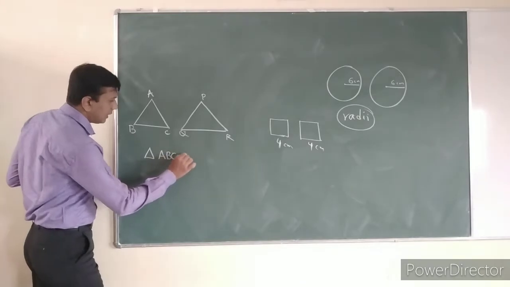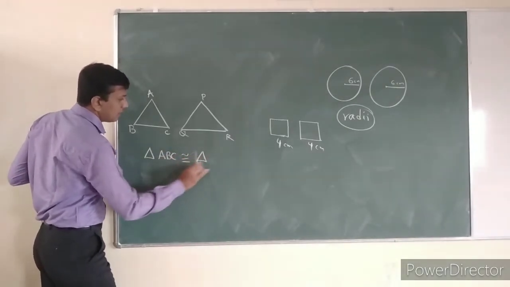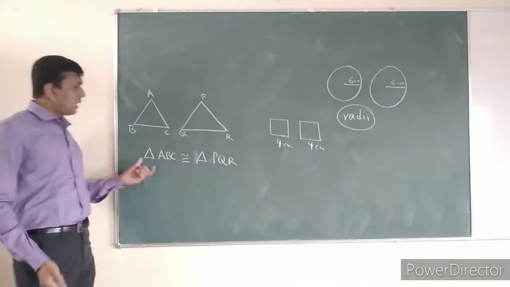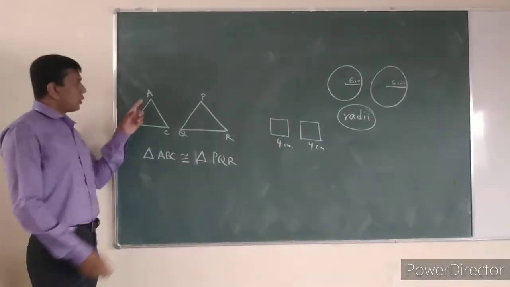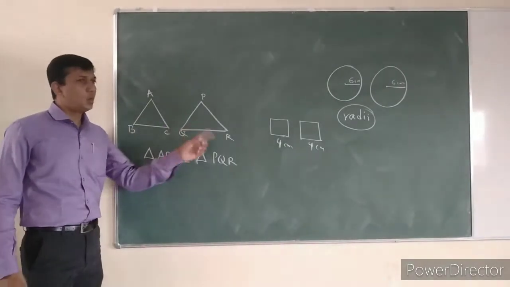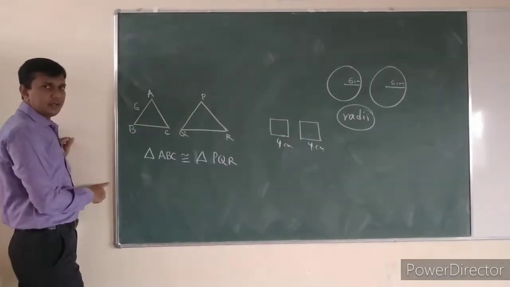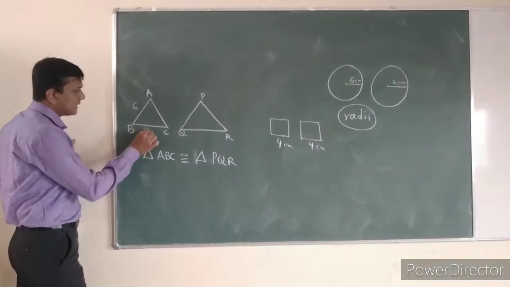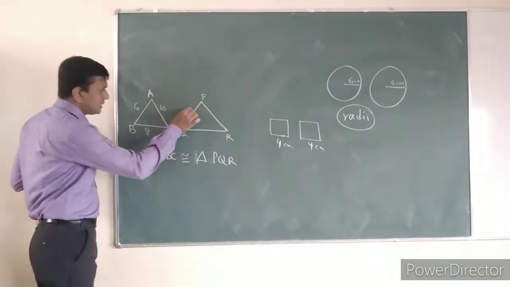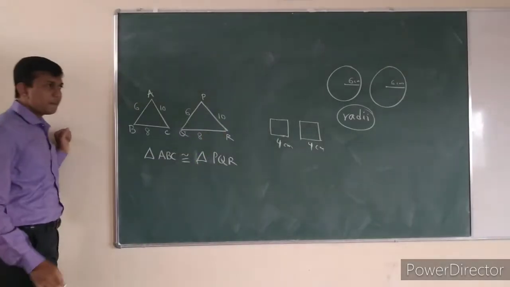This is how you have to write it. The naming convention is also very important. Think that this has lengths of 6 centimeters, 8 centimeters and 10 centimeters, and this one also has 6 centimeters, 8 centimeters and 10 centimeters in length.